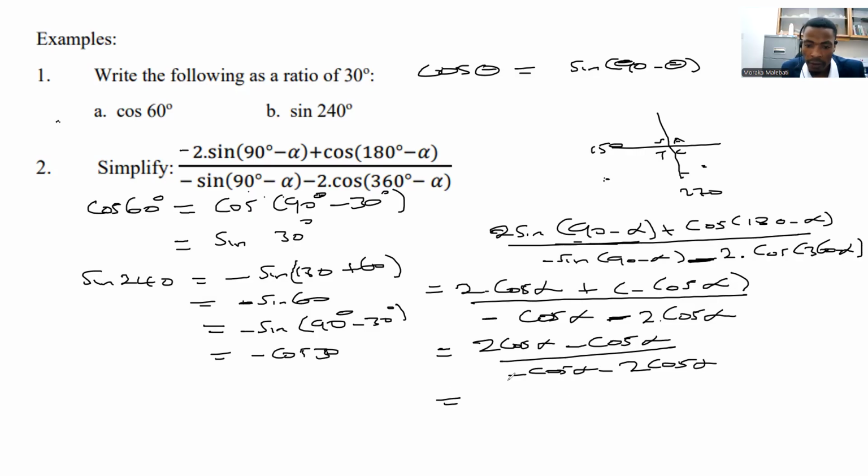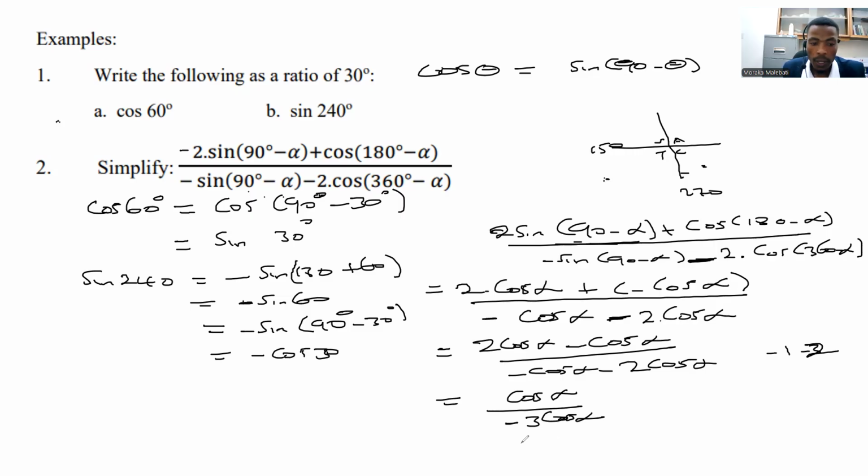On top, we have 2 cos alpha but we are subtracting 1 cos alpha, so we remain with only cos alpha. I hope it makes sense. And at the bottom, minus 1 minus 2 gives us minus 3 cos alpha.